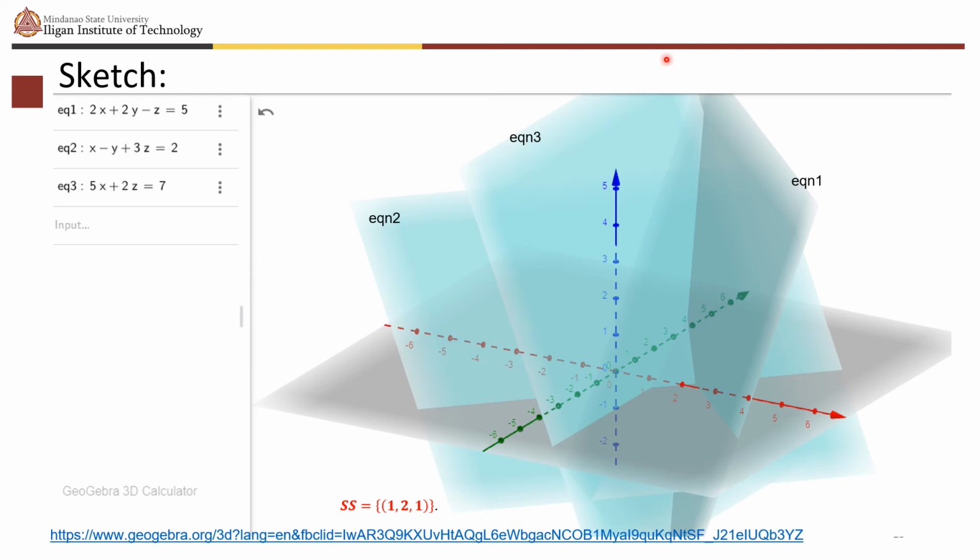And this plane is the equation 3. This plane is equal to equation 1. So our solution set earlier was 1, 2, 1. If you take a look, you now have your x is equal to 1. Then move 2 units to your positive y, and then 1 unit to your z. So this is our point of intersection, this corner here.